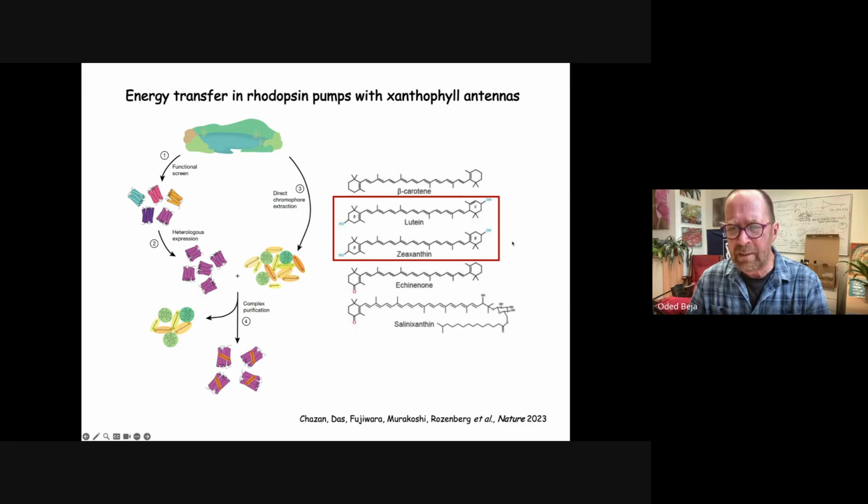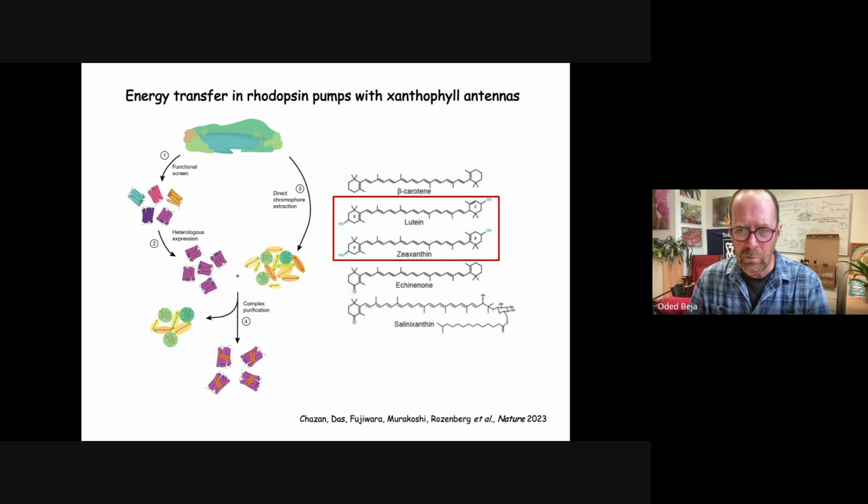And here you can see the result. I'm showing this only for one or two slides: those rhodopsins, proteorhodopsins, but also environmental xanthorhodopsins, can bind, in the first case we tested, lutein and zeaxanthin. Those carotenoids are used also for photosynthesis, but those rhodopsins are using them as antennas.